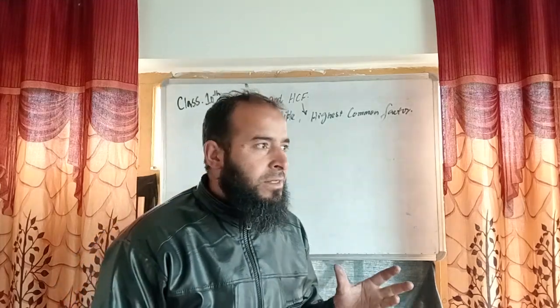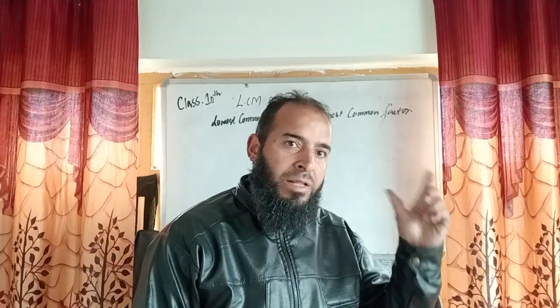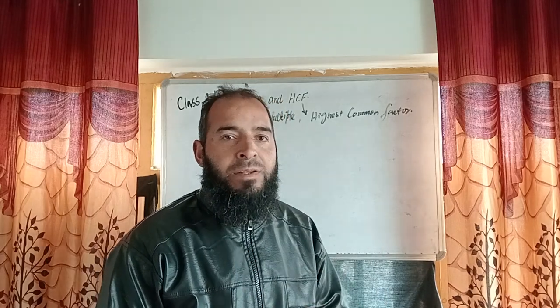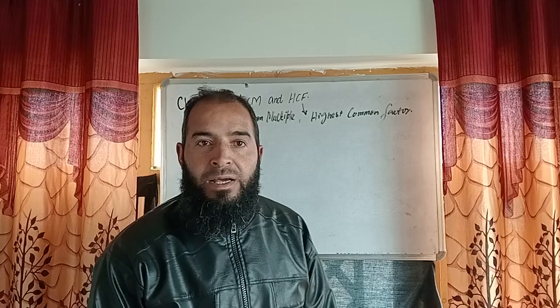We know that two numbers may have many common multiples, but the least of all the multiples is called the least common multiple or lowest common multiple, and two numbers may have many common factors, but the highest of the common factors is known as the highest common factor.